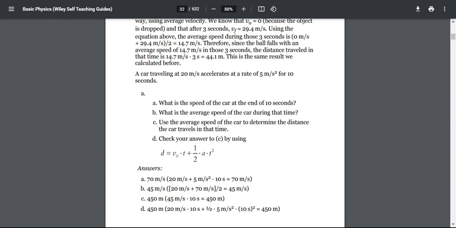The equation for average speed is v equal to v0 plus vf upon 2. v0 is 0, because the starting speed is 0, plus 29.4, which is the vf, upon 2. So we got 14.7. Therefore, the ball falls with an average speed of 14.7.